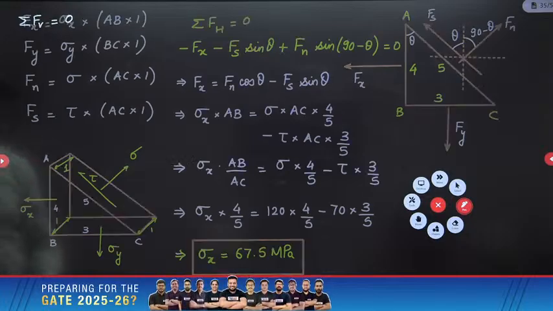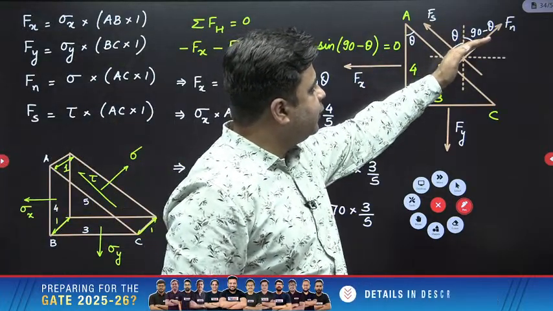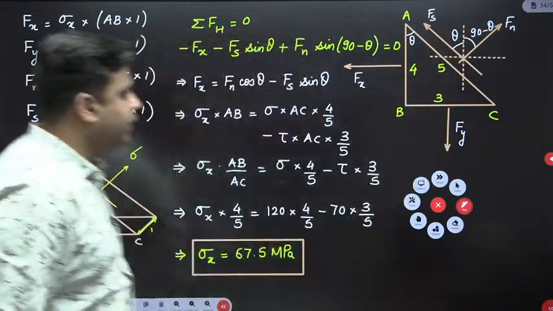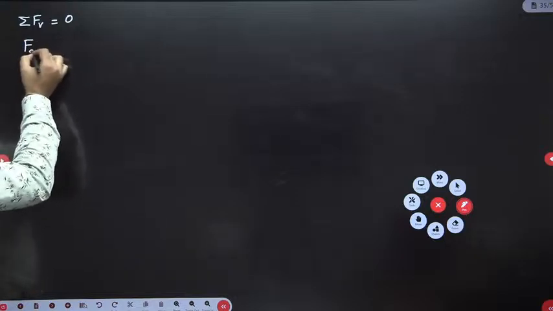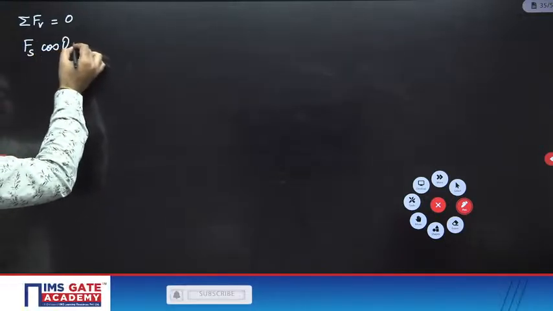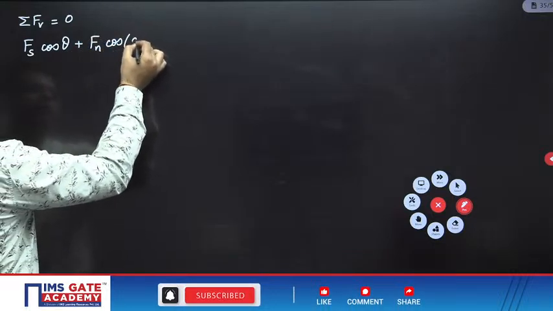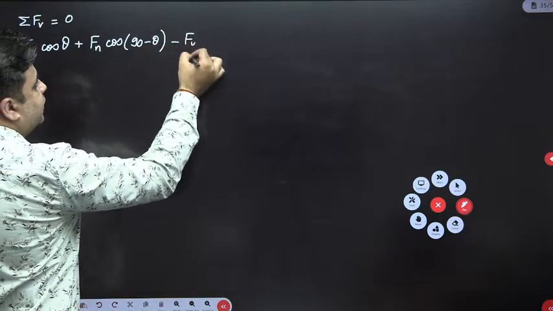So here you can see that Fs cos theta is acting upwards, Fn cos of 90 minus theta is acting upwards, and Fy is acting downwards. So I will write down Fs cos theta plus Fn cos of 90 minus theta minus Fy is equal to 0.